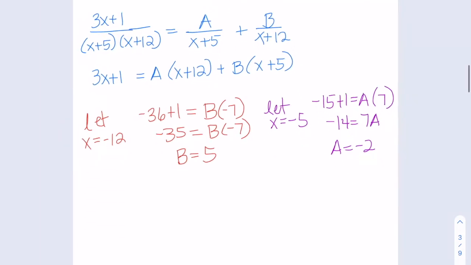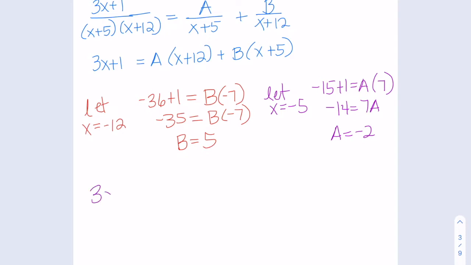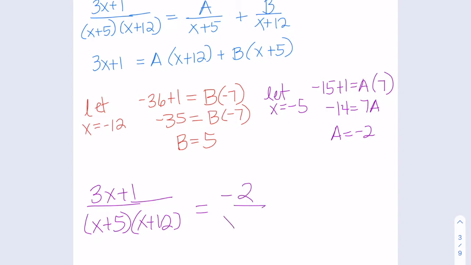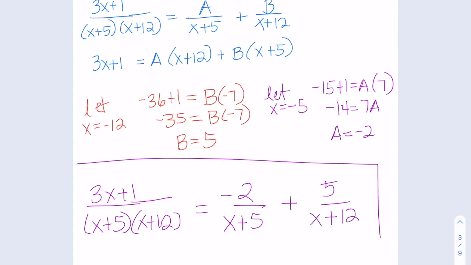So if we rewrote this, this will be 3x plus 1 over x plus 5 times x plus 12. And our a was negative 2. That was over x plus 5. And our b was 5. So we completed our partial fraction decomposition.